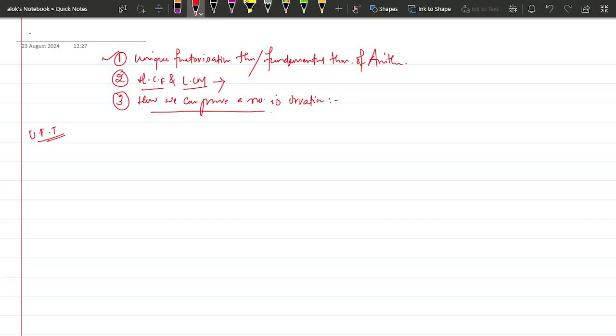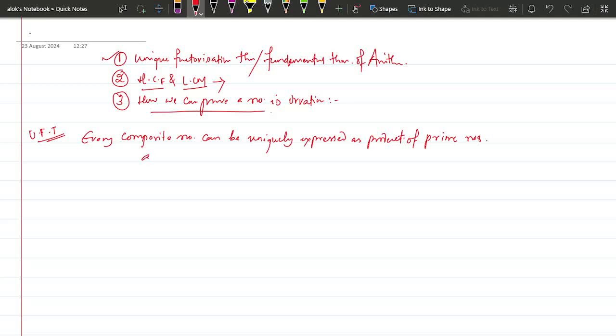The statement states that every composite number can be uniquely expressed as a product of prime numbers, apart from the order in which the prime numbers occur.